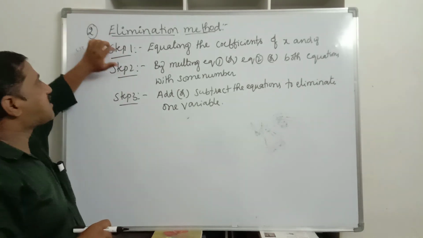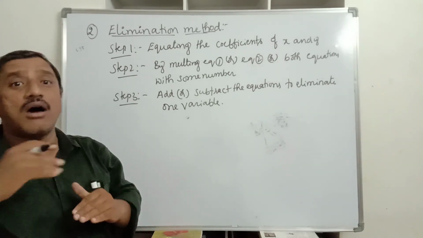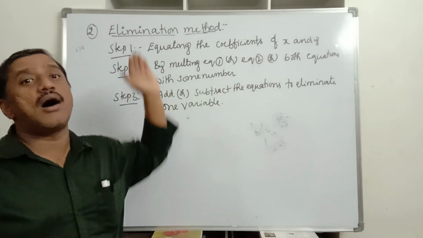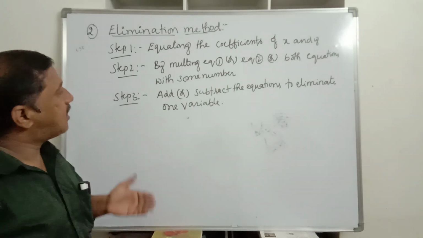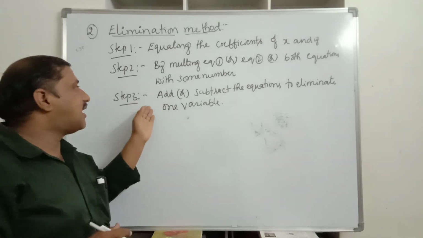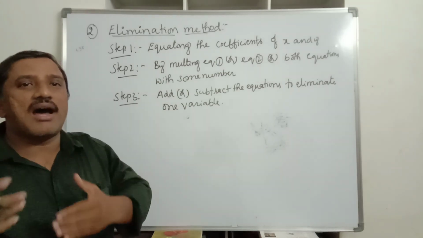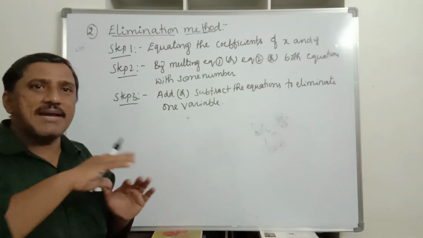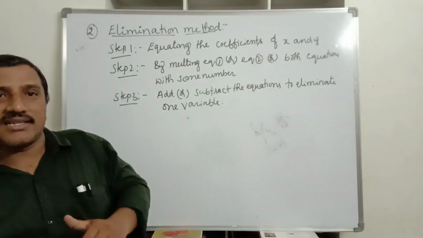What are the steps here? Step 1: we should equate the coefficients of either x or y. That is done by multiplying equation 1 or equation 2, or sometimes both the equations, with some numbers. Once the coefficients are equal, we add or subtract. When the same signs are there, we subtract the equations.